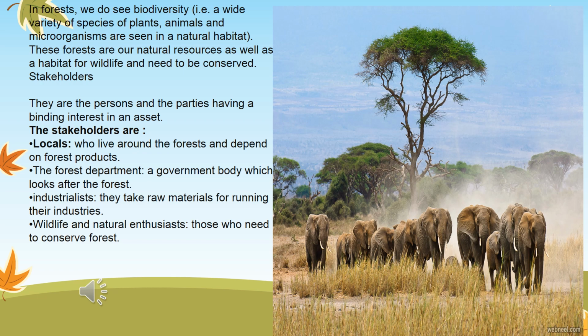Take the example of the locals, who live around the forest and depend on forest products. Their living is totally dependent on the forest. If the forest is lost, then they will lose their living status. So they have to maintain the forest.